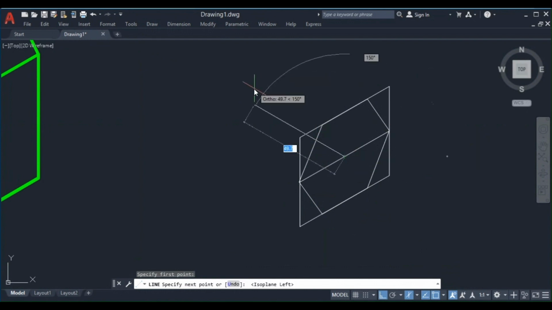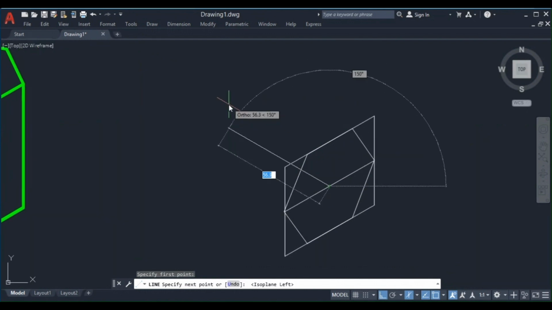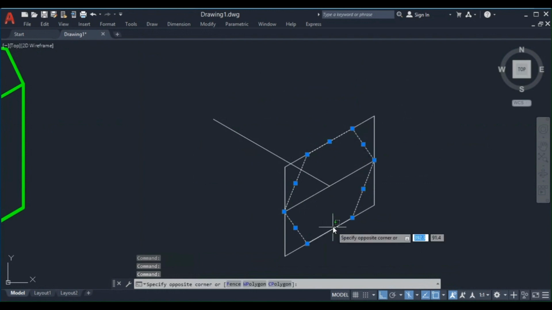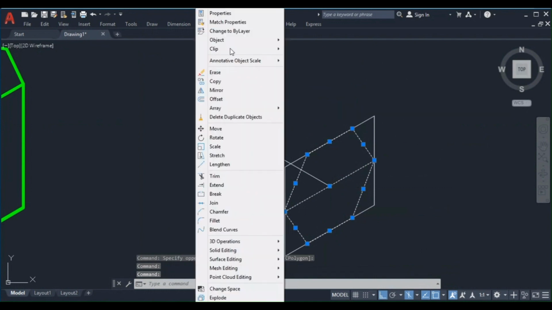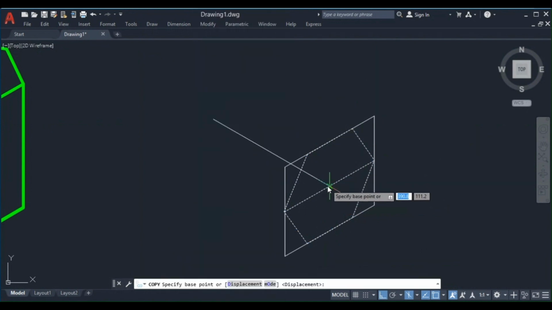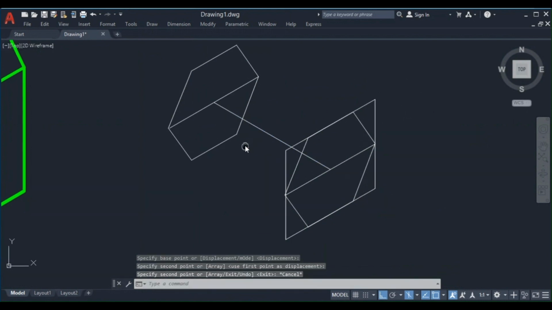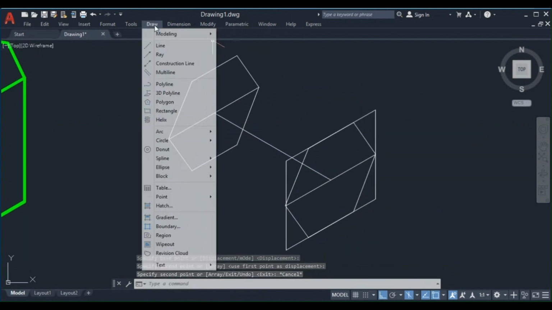It should show angle of 150 degrees. So what is the axis height? 65, right? 65. Again, this line should coincide with that center. Modify, copy it.